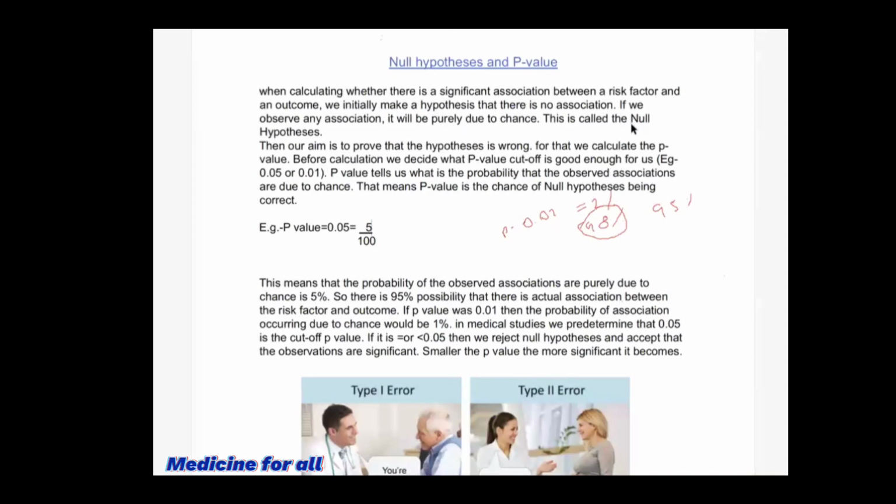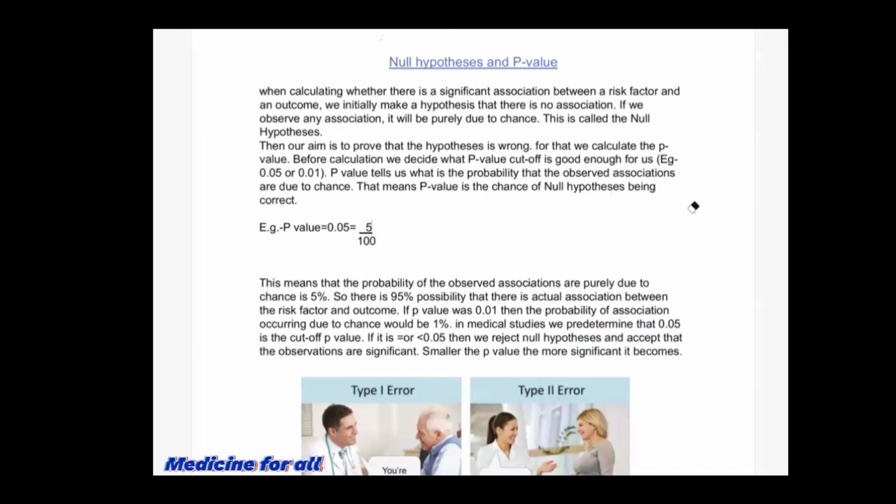So we reject the null hypothesis and discard it and state that there is an actual association between the risk factor and the outcome. Okay. Is that clear? Yes, okay. So that is what you say.